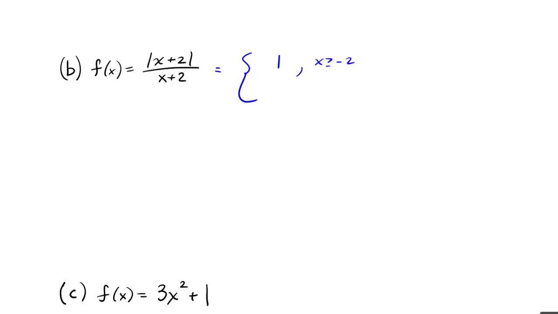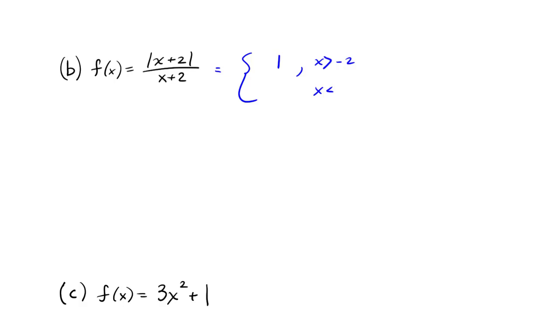Oh, wait, careful. I got to go back for a second here. I'm not allowed to be equal to -2, so I have to get rid of the or equals to. So if x is greater than -2, then this would be 1.